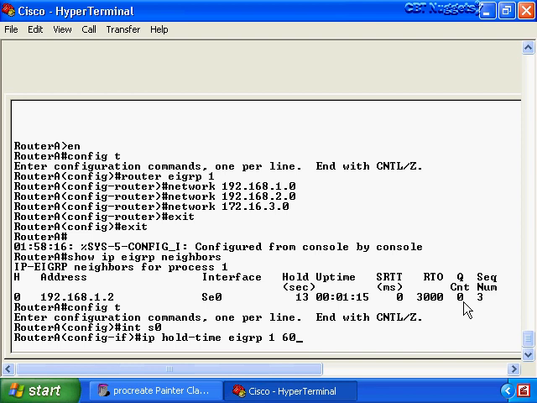If this is a value greater than 0 on a regular basis, you may want to take a look at your network and your network design. You've got a possible congestion issue here, and maybe want to look at increasing some of your bandwidth. So there's the queue count there in the show IP EIGRP neighbors.